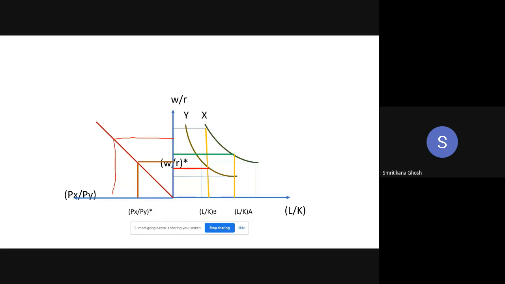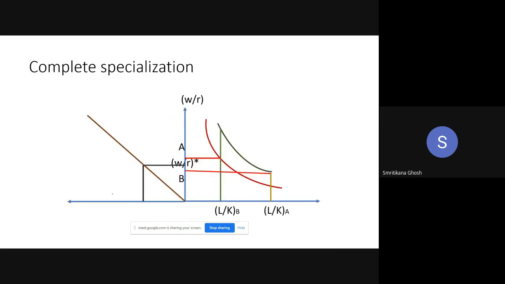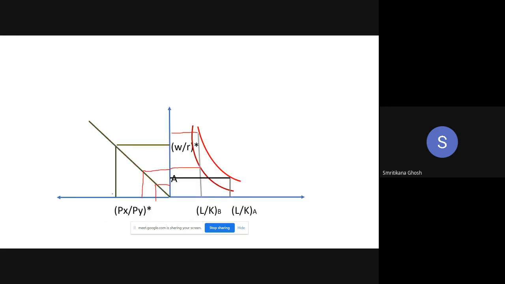So each and every diagram is accepting the HO model. It may be complete, it may be incomplete, you may have an overlapping zone or not, whatever. But the HO model is true for each and every diagram till now. Do you get my point?